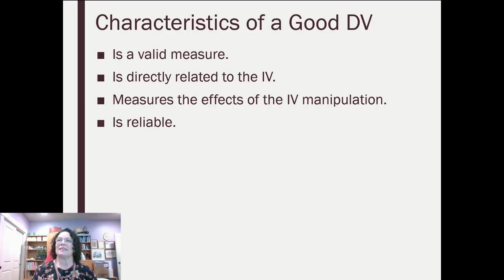So let's think of the Beck Depression Inventory, right? We're going to assess whether our treatment for depression worked by comparing their pre-test Beck Depression Inventory to their post-test Beck Depression Inventory.